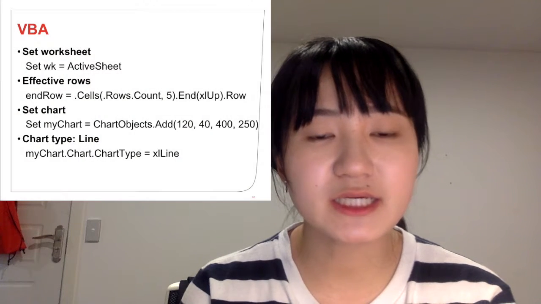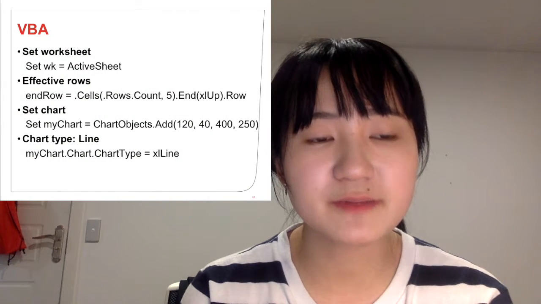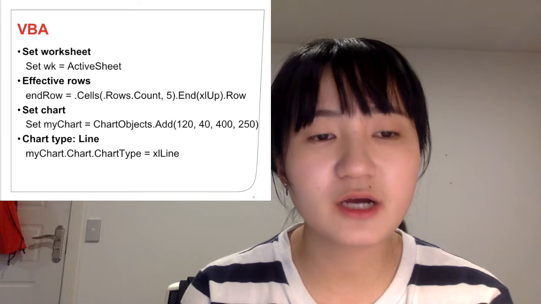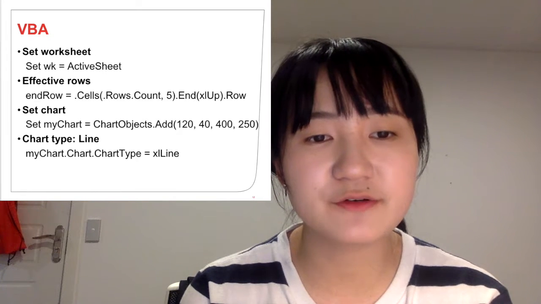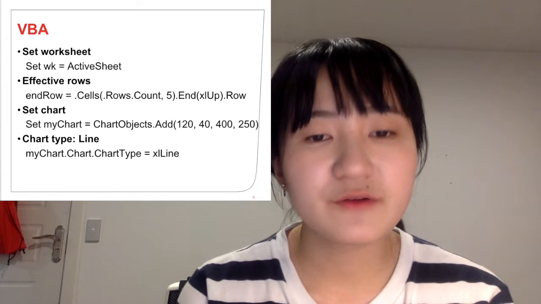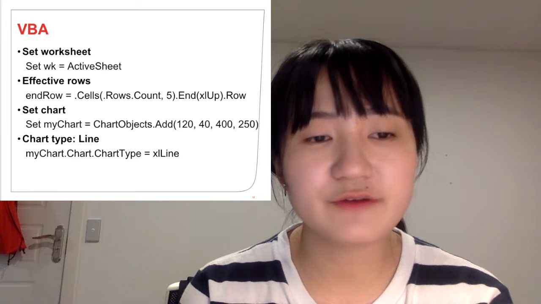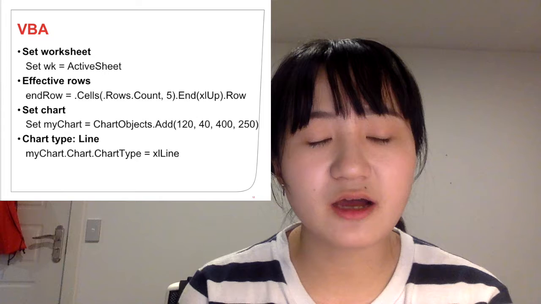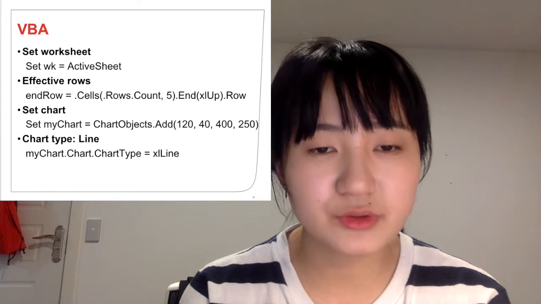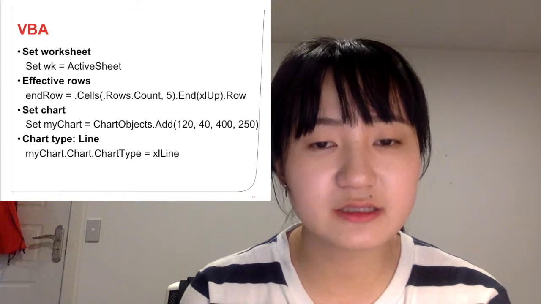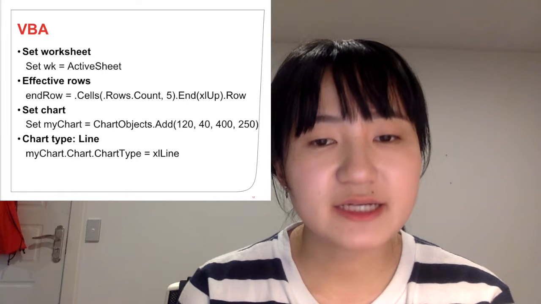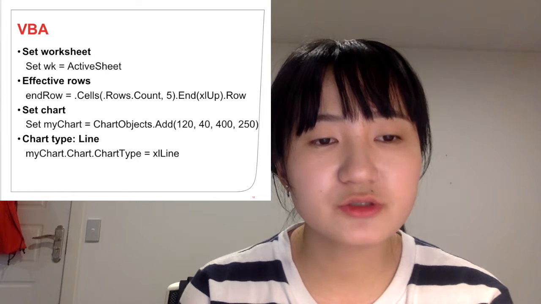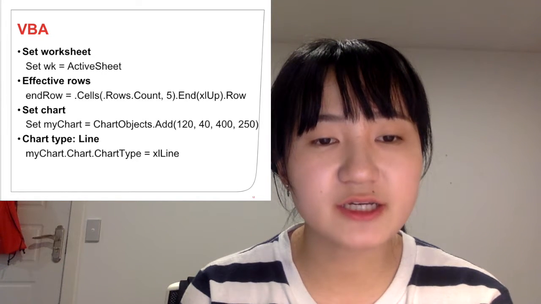We take the key codes out to explain because the four command buttons have similar code. We first set the code of effective rows. End row means all data from the row you selected to the last row. Second, we set the code to insert a line chart into sheet 1 and activate it.